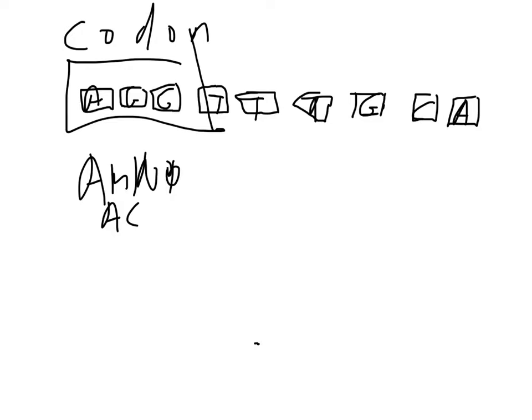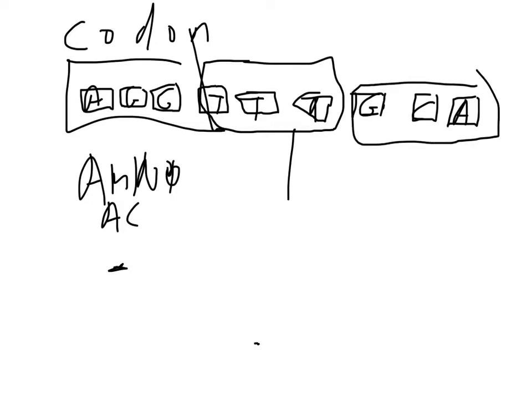So we've got some amino acid here. Here we have another amino acid. And here we have another amino acid. So we've got 3 amino acids stuck together. Each 3 is a codon.